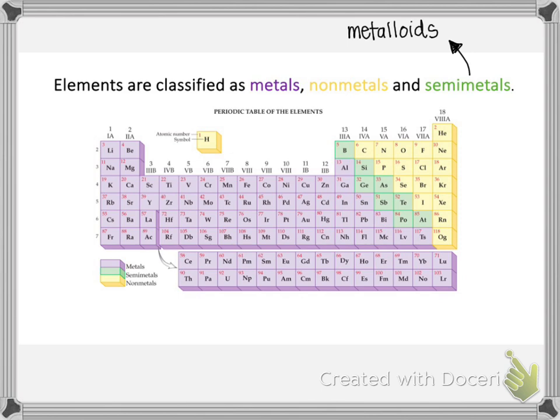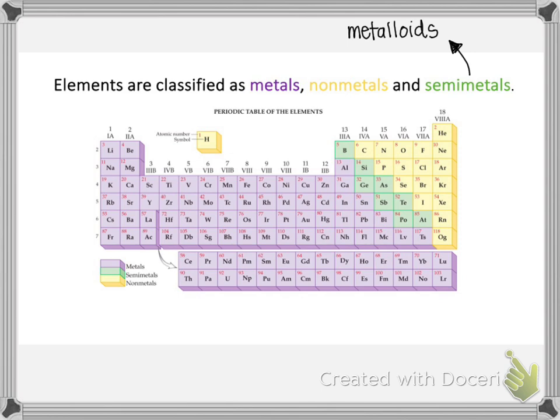In your current text, they call them semimetals. In my previous text, they call them metalloids. So in some resources you encounter, you may hear the word metalloid, and just know that metalloids and semimetals are referring to the same elements.